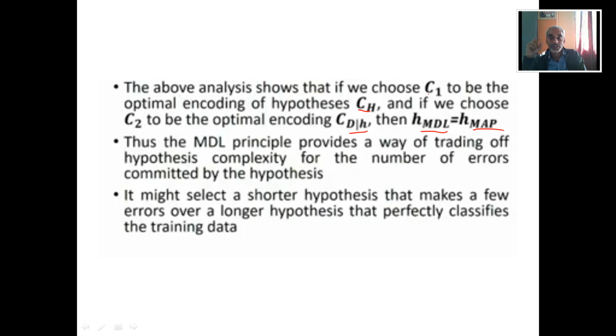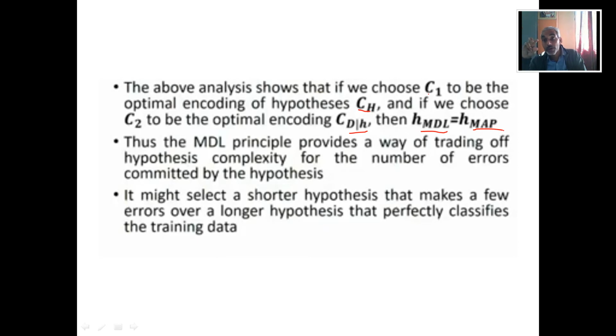h_MAP, that is the maximum a posteriori hypothesis. Now the maximum a posteriori hypothesis we have already defined and understood, it is nothing but the minimum description length principle only. So what Occam's razor was telling when we discussed the decision tree is that you select a tree which is very small. Now the same thing here also.